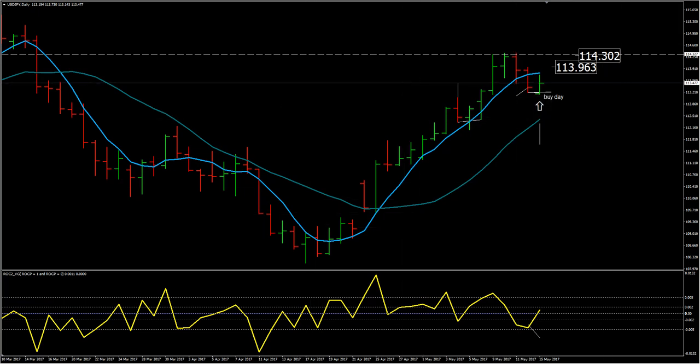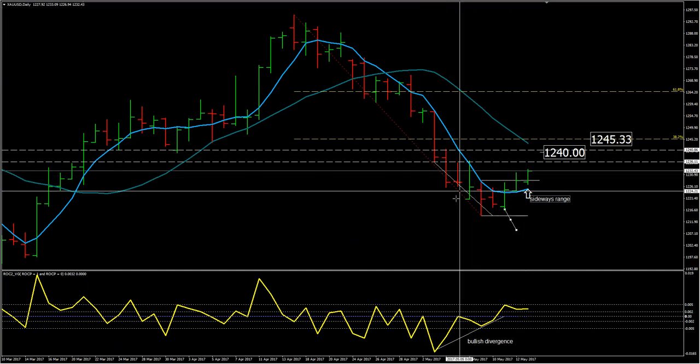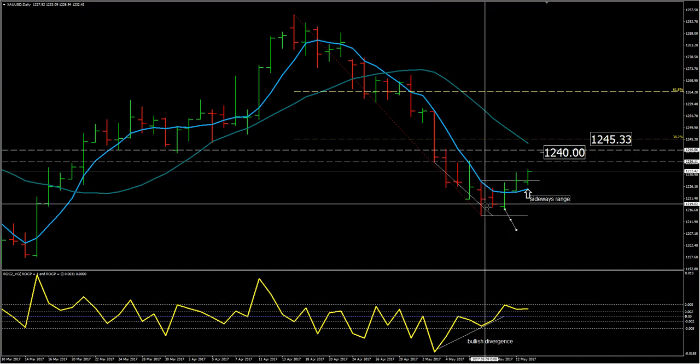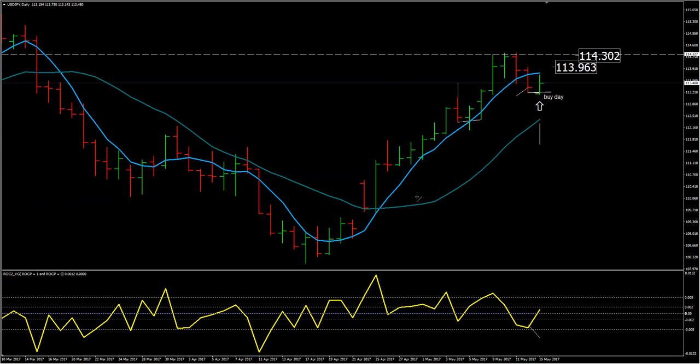Yeah, what I want to say here, for example, this is another one, remember the gold I spoke about. Gold was a nice buying opportunity because of bullish divergence and this 3-day trading range. But watch this, in the background you can also find the same thing, when the volatility decreased and price doesn't have power to go above.